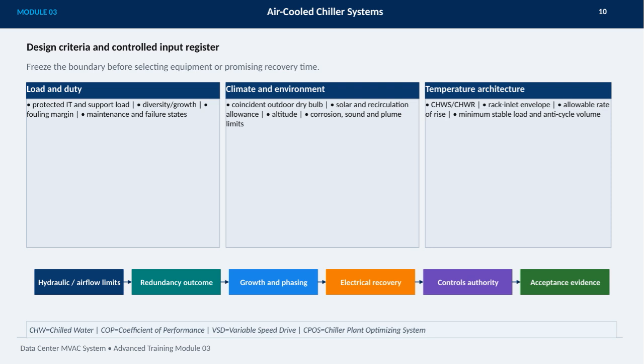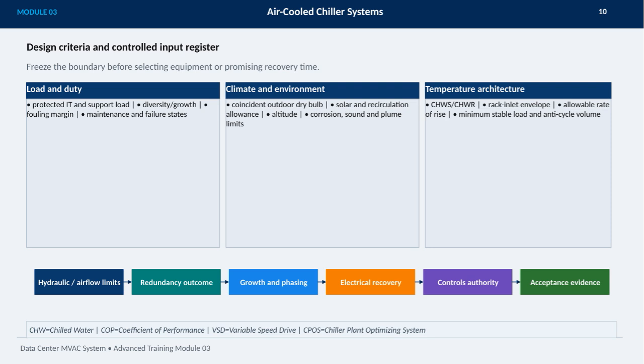Climate and environmental factors are equally vital. This encompasses the coincident outdoor dry bulb temperature, solar and air recirculation impacts, altitude, and limitations related to corrosion, noise, and plume dispersion. Temperature architecture plays a defining role, covering chilled water supply and return temperatures, rack inlet temperature envelopes, permissible rates of temperature rise, as well as the minimum stable load and anti-cycle volume considerations.